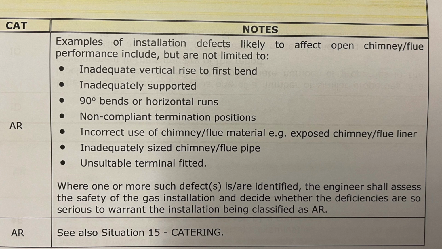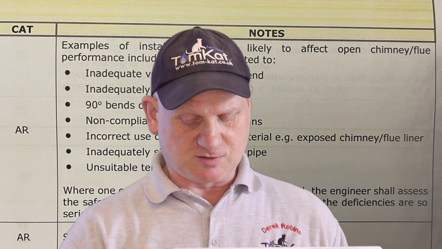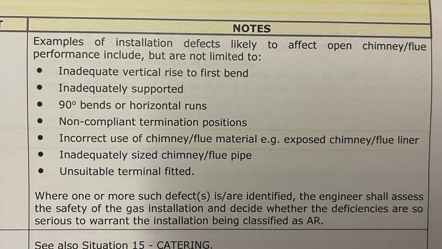Incorrect use of chimney flue material, e.g. exposed chimney flue liner. So if you do go to an open flue boiler and there's flue liner on show, that's also at risk. Inadequately sized chimney flue pipe, it's the right size. And unsuitable terminal fitting. Again, you can't see the terminal.